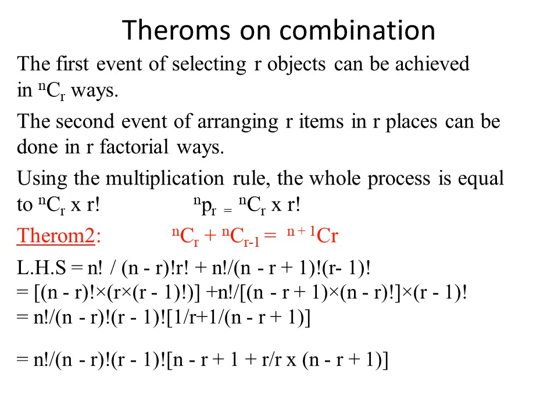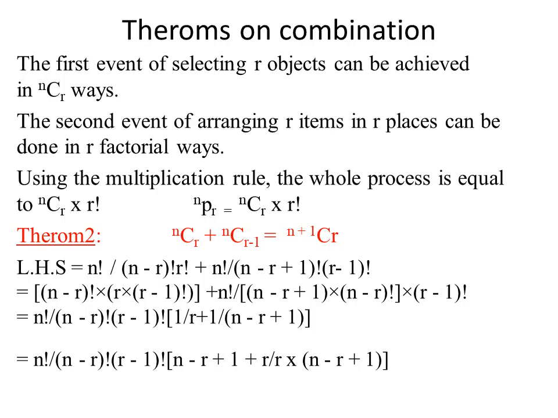That is n factorial over (n minus r) factorial into (r minus 1) factorial into r, plus n factorial over (n minus r plus 1) factorial into (n minus r) factorial... into (r minus 1) factorial.